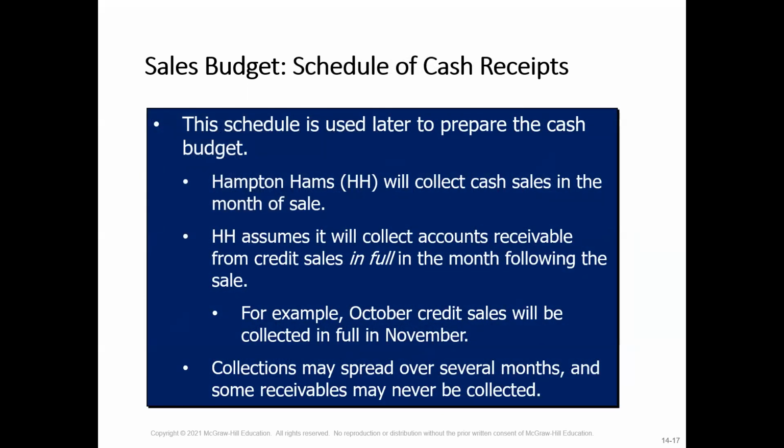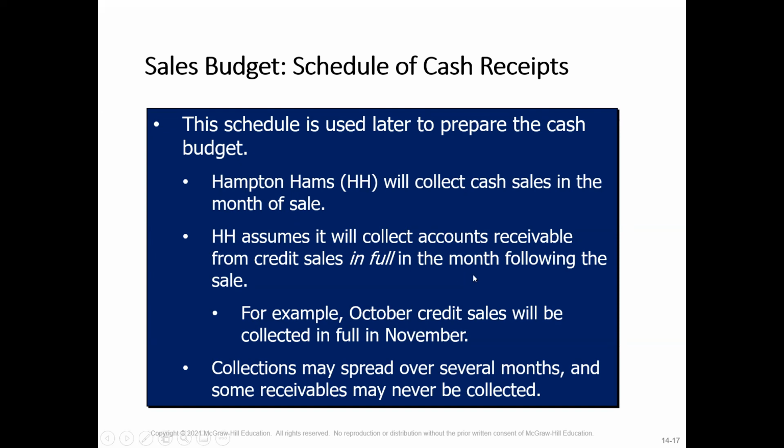Okay, so the schedule is used later to prepare the cash budget. And the assumptions are we collect cash sales in the month of sale. We collect accounts receivable in full the month following the month of sale. So they gave the example of the October credit sales being received in cash sometime in November.